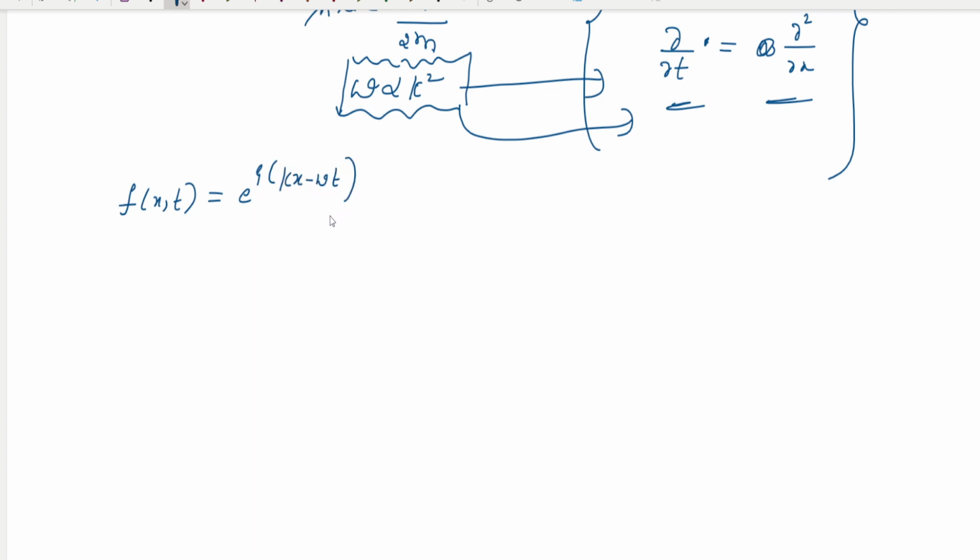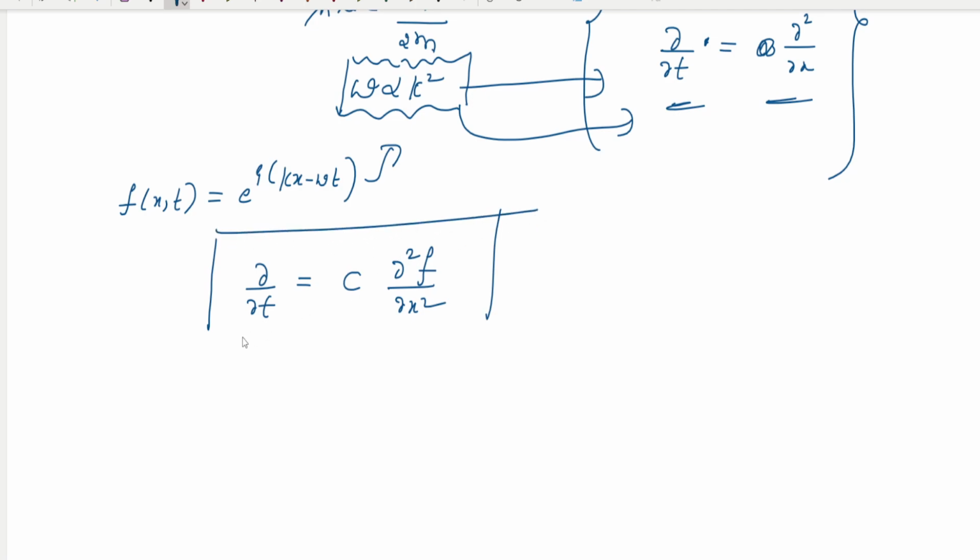We need to get this type of dispersion relation. Assume this one; in terms of dou by dou t, I want an equation like this: some constant c times dou square f divided by dou x square. This is one important equation.